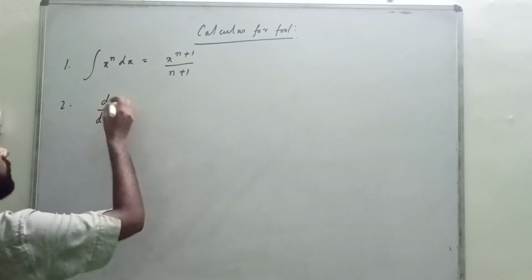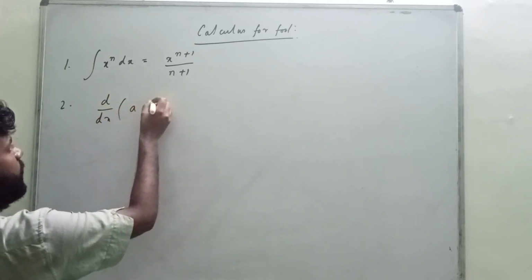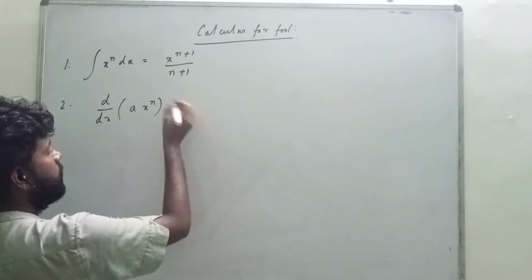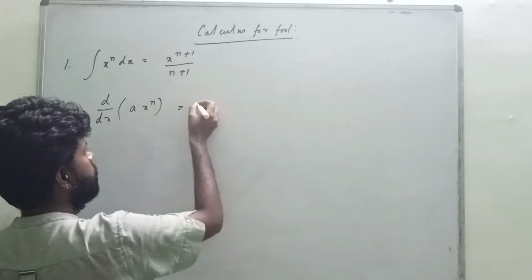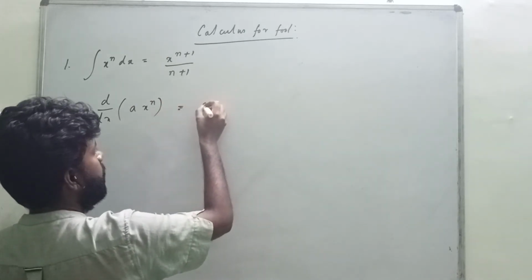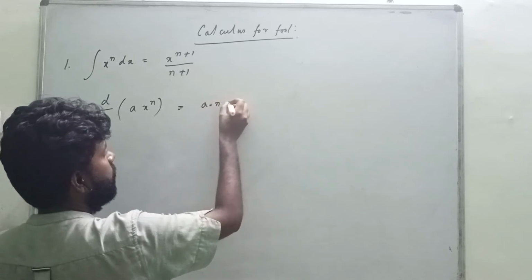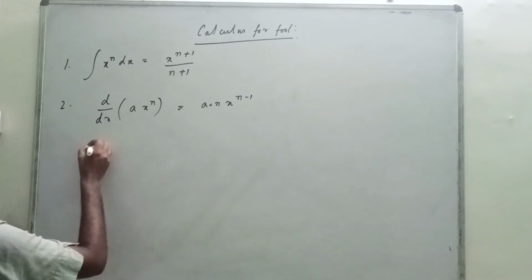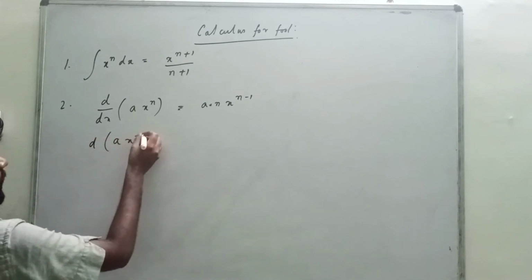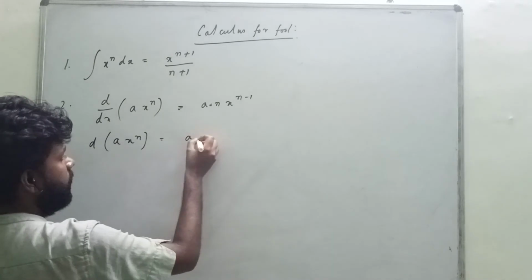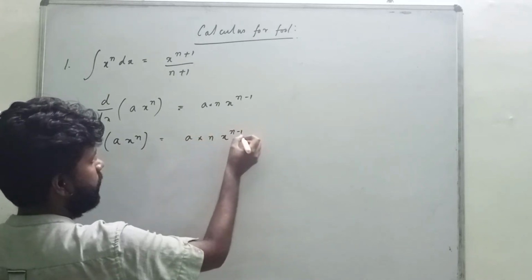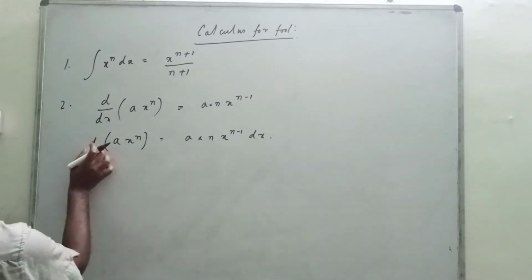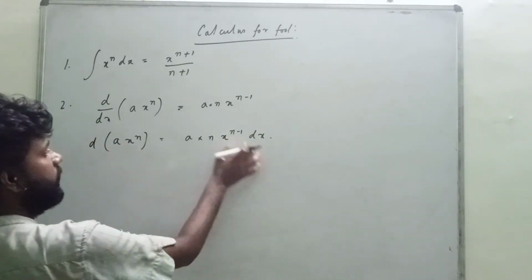Hopefully it was a x power n, a constant times x power n, which goes to a into n x power n minus 1. And just cross multiplying, d of a x power n equals a n x power n minus 1 dx.